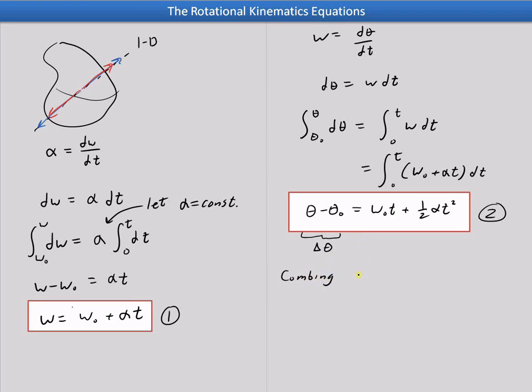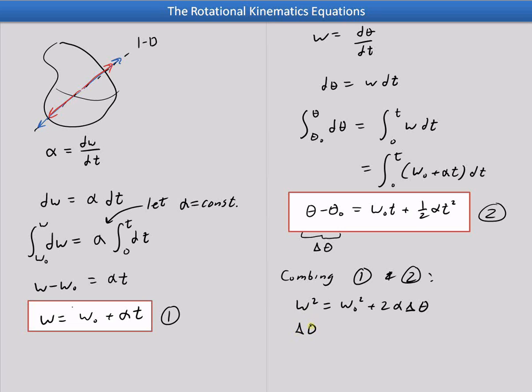And then we can combine equation 1 and equation 2 in several different ways, and that will end up giving us a couple useful combinations. It'll tell us that omega squared is equal to omega initial squared plus 2 alpha delta theta, with delta theta defined as theta minus theta naught.